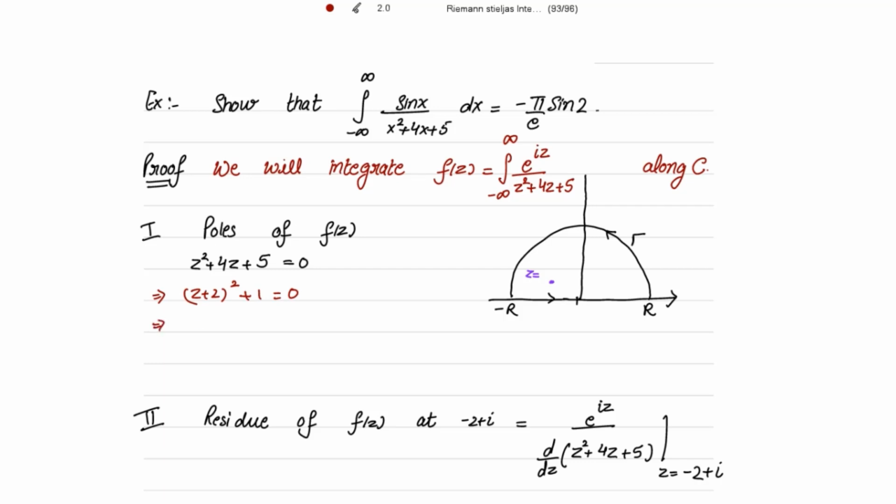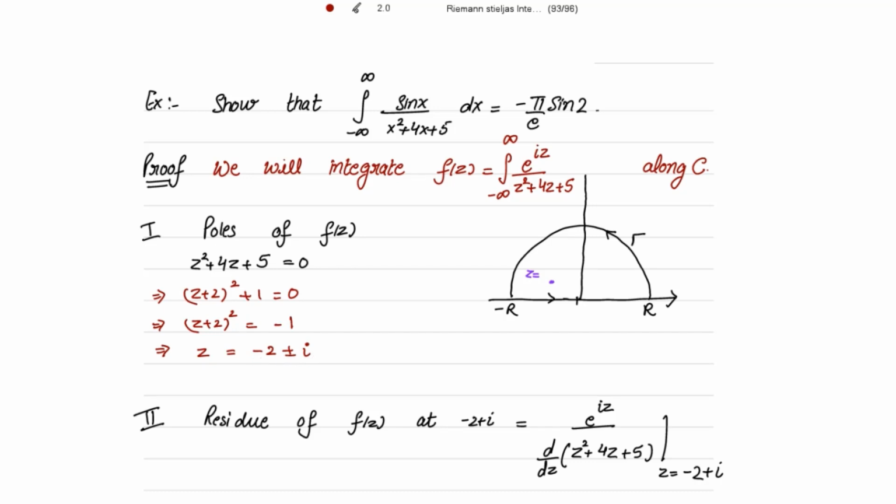Taking 1 to the other side, it is negative 1, and this implies z is equal to negative 2 plus or minus iota, because the square root of negative 1 is iota. So z is equal to minus 2 plus or minus iota.